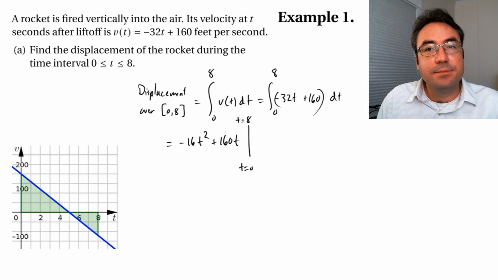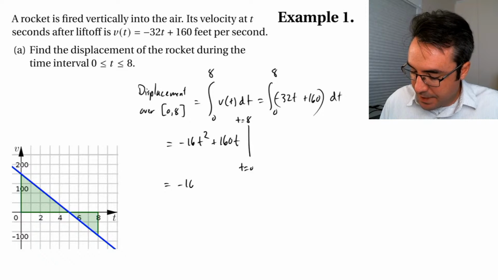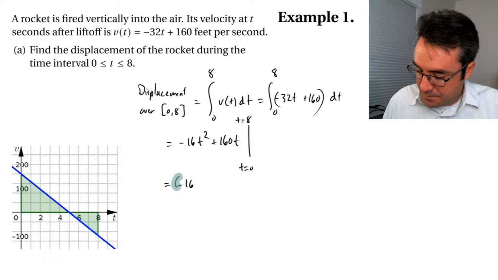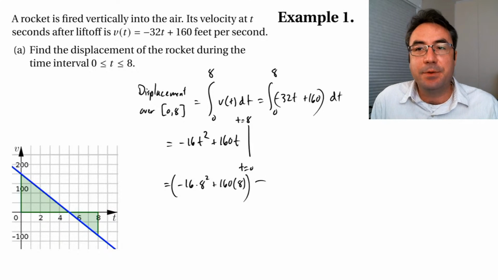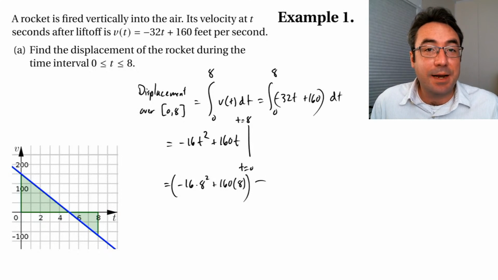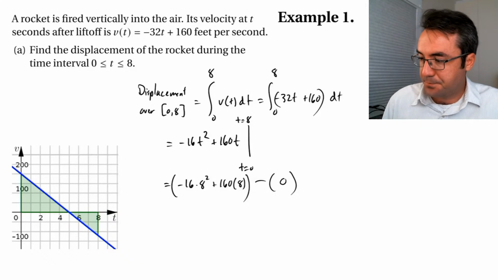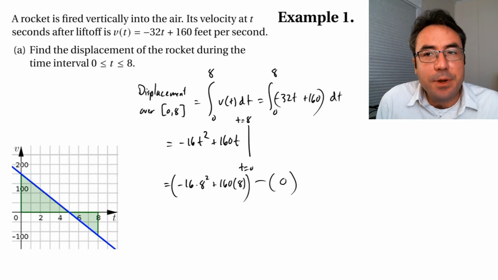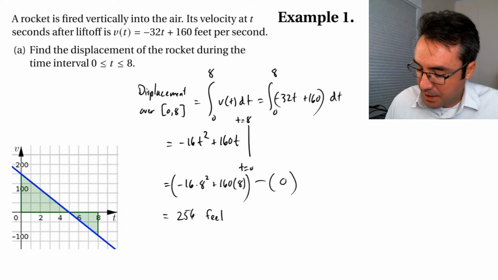Top number goes in first, so we get -16 times 8 squared plus 160 times 8. Plugging in 0 for the bottom number, we end up with 0 there. Doing the arithmetic, we end up with 256, and our units are feet.